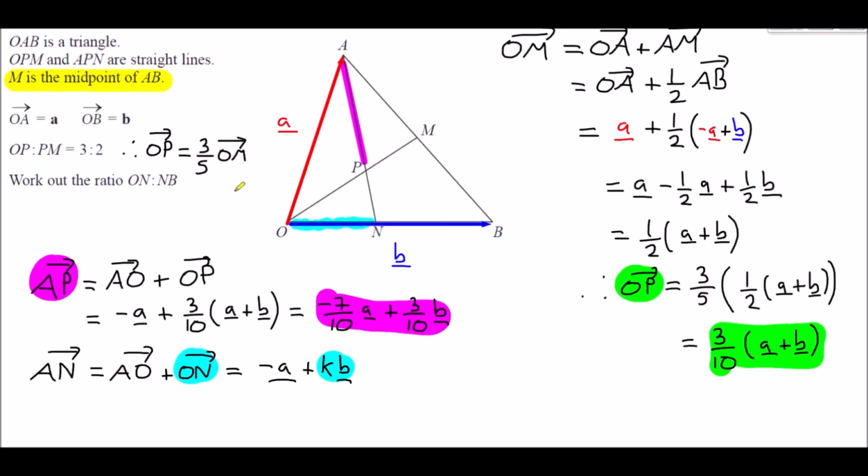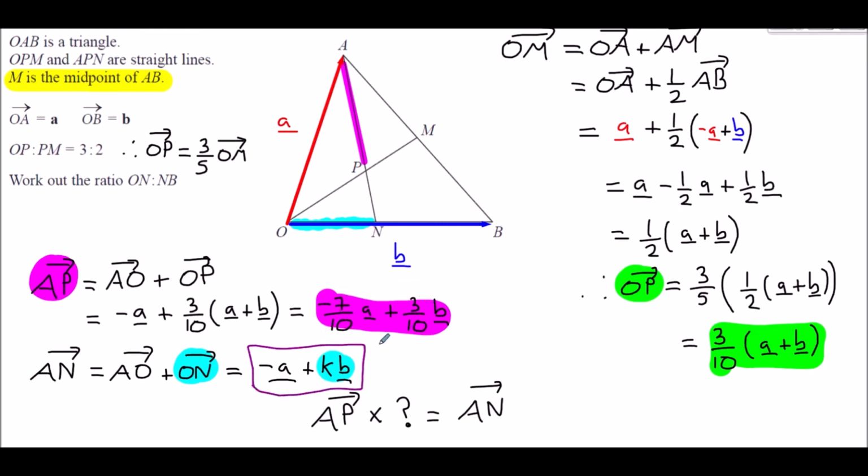What do we need to multiply AP by to get AN? This purple is just a fraction of AN. So let's compare AP to AN.